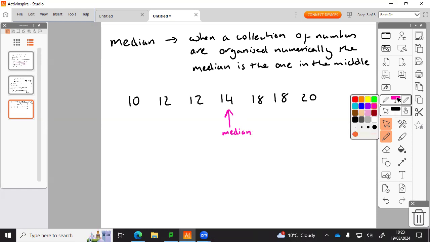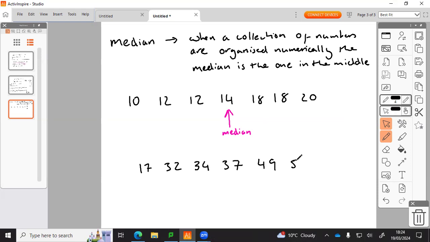If there's an even amount of numbers, the median will find itself between 2 numbers. In that case, you need to add the 2 numbers together and divide by 2, essentially what's in the middle.